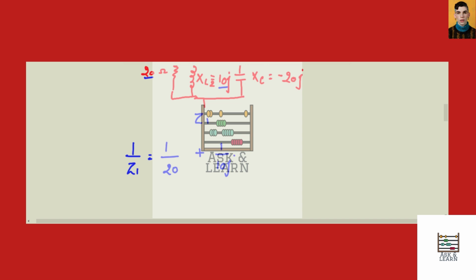And the second one is minus 1 upon 20j. This minus is because of this minus, as you can see here.